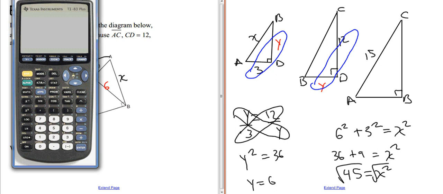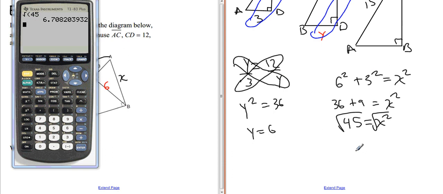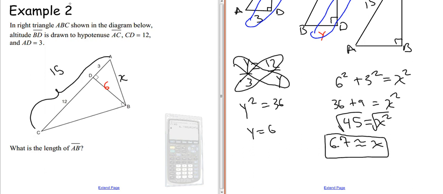The square root of 45 is 6.7. So X is 6.7 to the nearest tenth. So the length of AB is approximately 6.7.